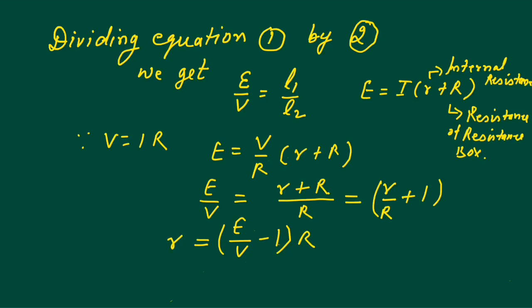Now we put the value of E upon V. Therefore, small r will be equal to L1 upon L2 minus 1 into capital R. With the help of this relation, we can find out the value of internal resistance.